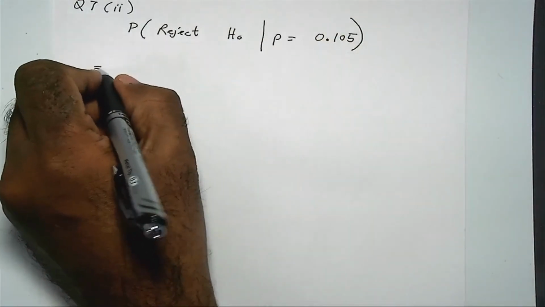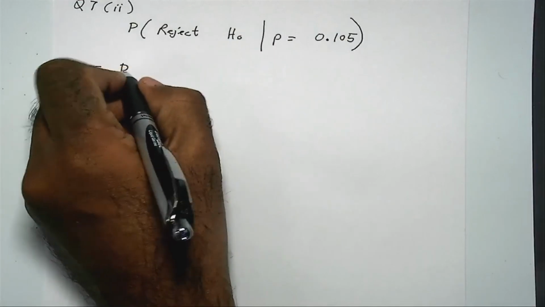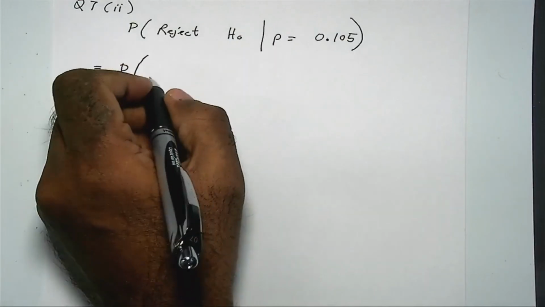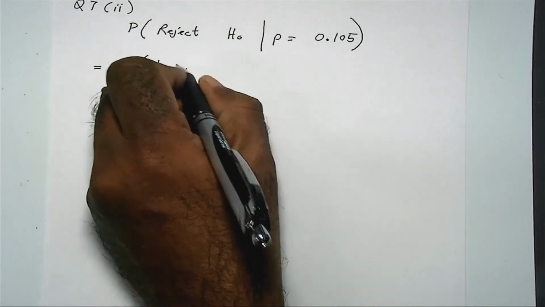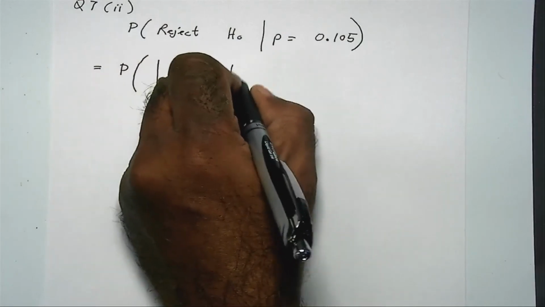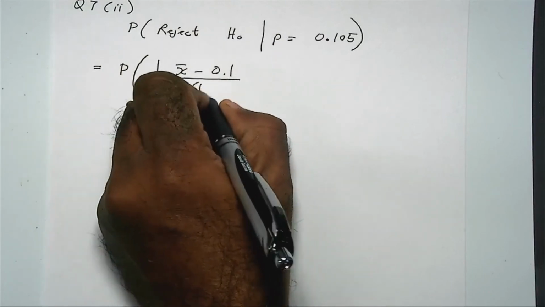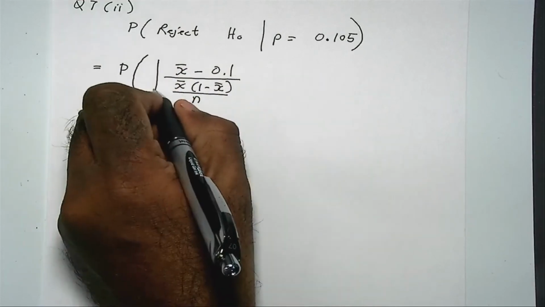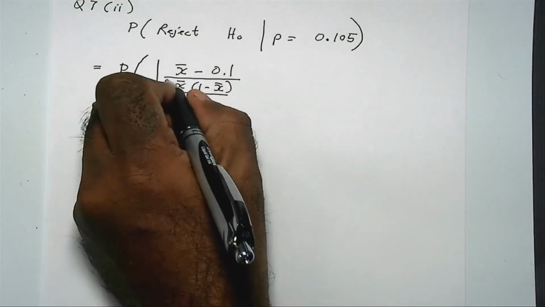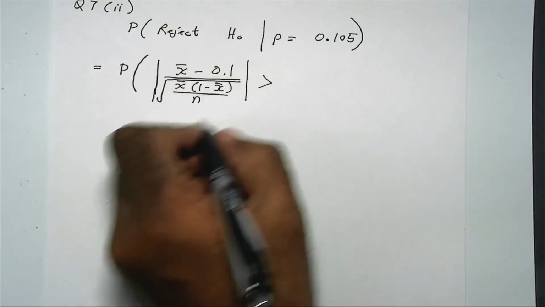So this will be, as I said before, the probability of rejecting is x bar minus 0.1 divided by this, right? Greater than 1.96.